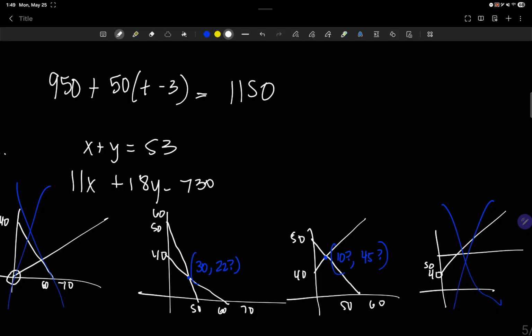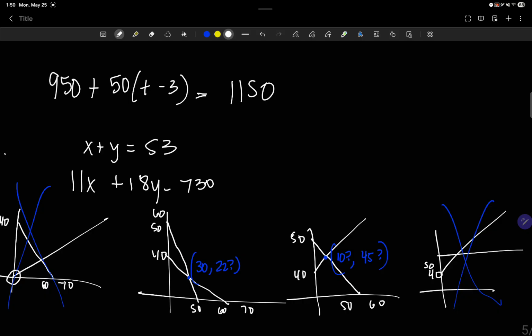So you've got a y-intercept at 53 and an x-intercept at 53. So I would look and see which ones have an x and y-intercept at 53. The first answer choice does not. Yeah, looks like B does. So B's a possibility. C's a possibility because there's two lines, and D is not a possibility. So that would eliminate those two.